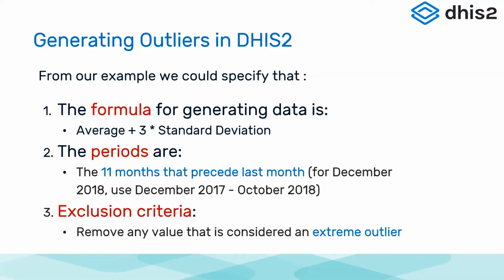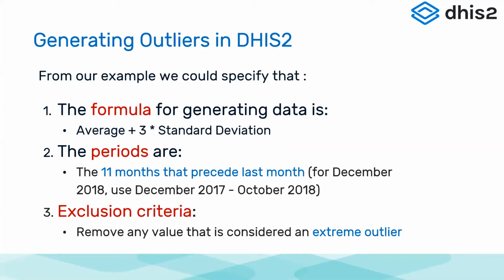To generate the upper limit, you can use the formula: the average of values plus 3-fold of the standard deviation. On the other hand, to calculate the lower limit, you can subtract 3 standard deviations from the average.